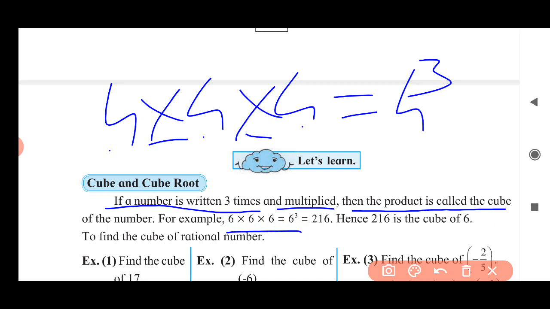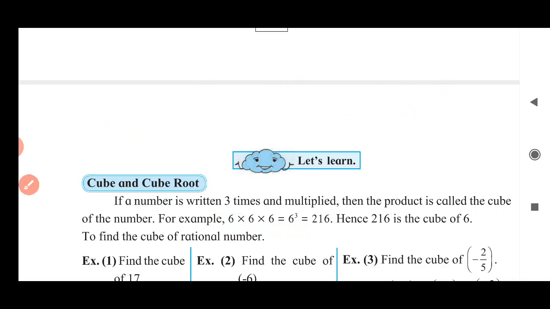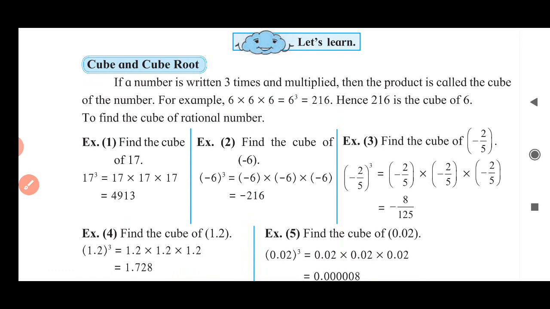To find the cube of rational numbers, find the cube of 17. 17 raised to 3 means 17 multiplied by 17 multiplied by 17, which is 4913. Now find the cube of minus 6.